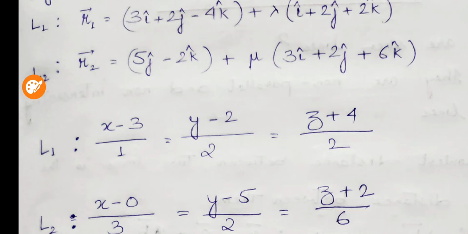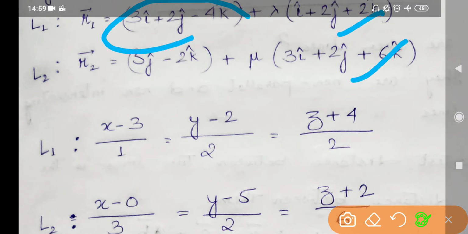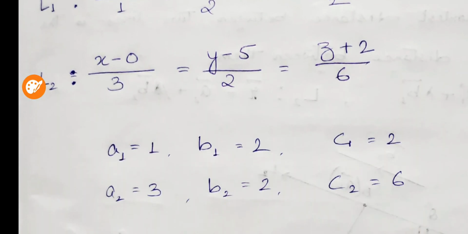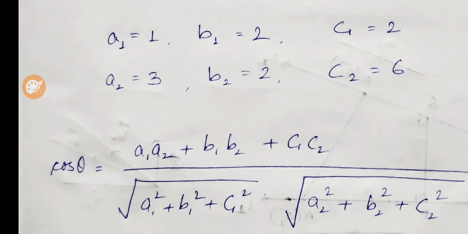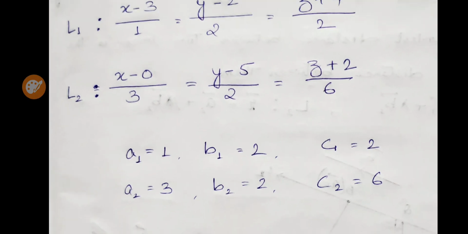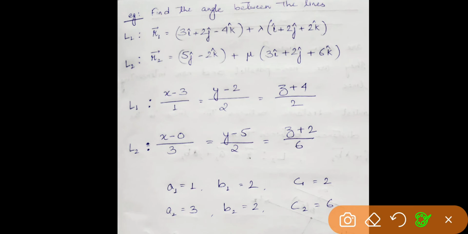Now we need to find what our b1 and b2 are. You can clearly see that this is our b1, this is our b2. We don't need to worry about all these. We can directly find our b1 and b2 and then write it. From b1 and b2 you can find a1, b1 and c1.